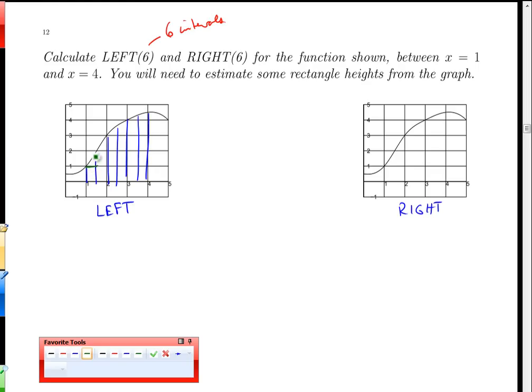So on the left sum, we would, on each interval, go up on the left-hand side. Let's try to make this as accurate as possible. And there we go.